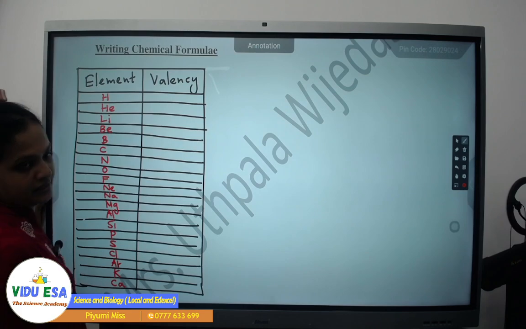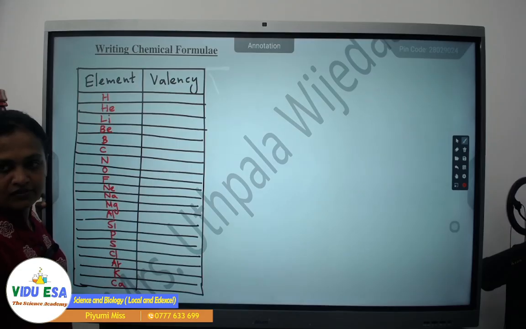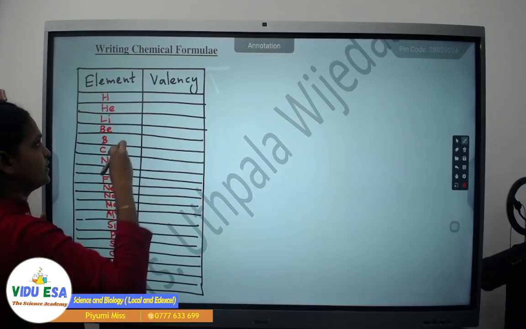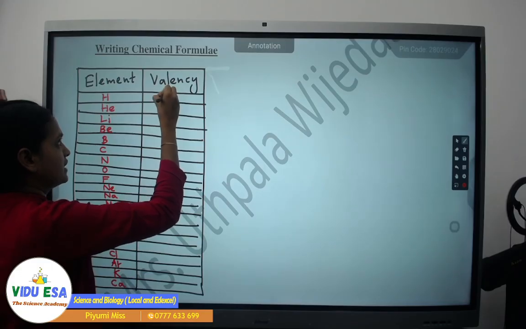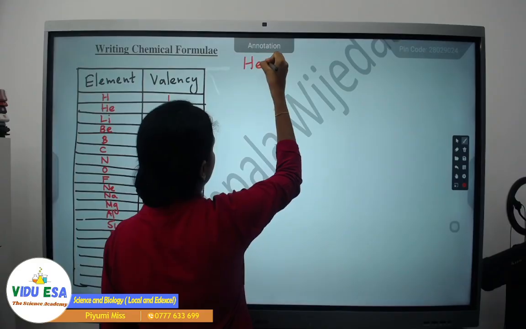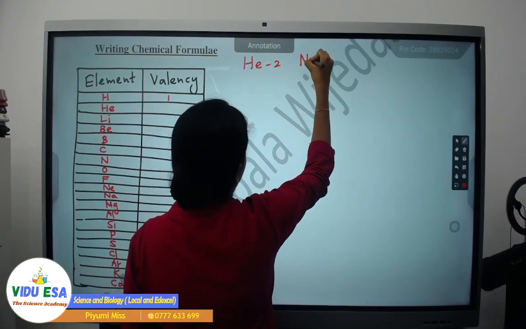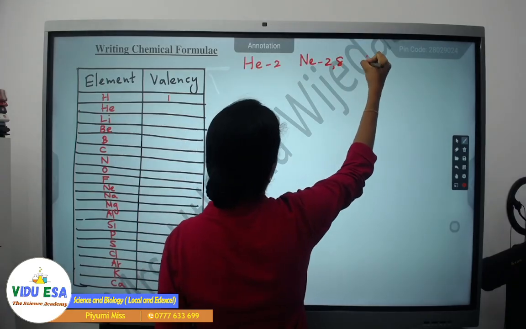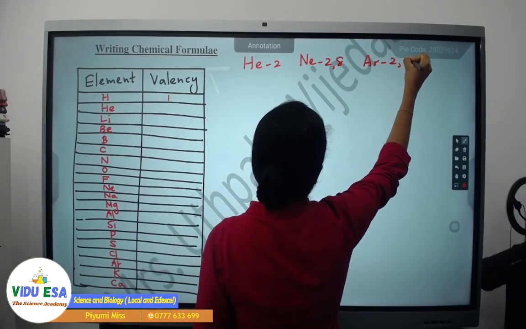Right? Then look at the board. The valencies. So hydrogen, the atomic number is 1, electronic configuration is 1. It needs another 1 electron to become stable. Let's remember this too. Helium you have written. Neon is 2-8, and argon is 2-8-8.